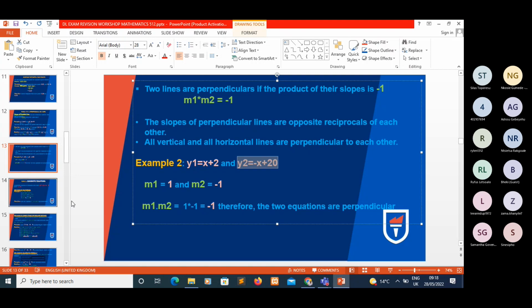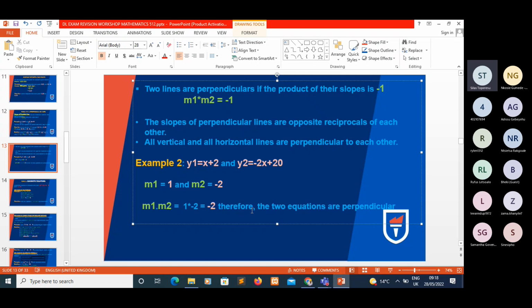So, for example, if I was having -2 here, let's say, which means my slope becomes -2. When I'm multiplying the slopes, 1 times -2, I'm going to get -2.